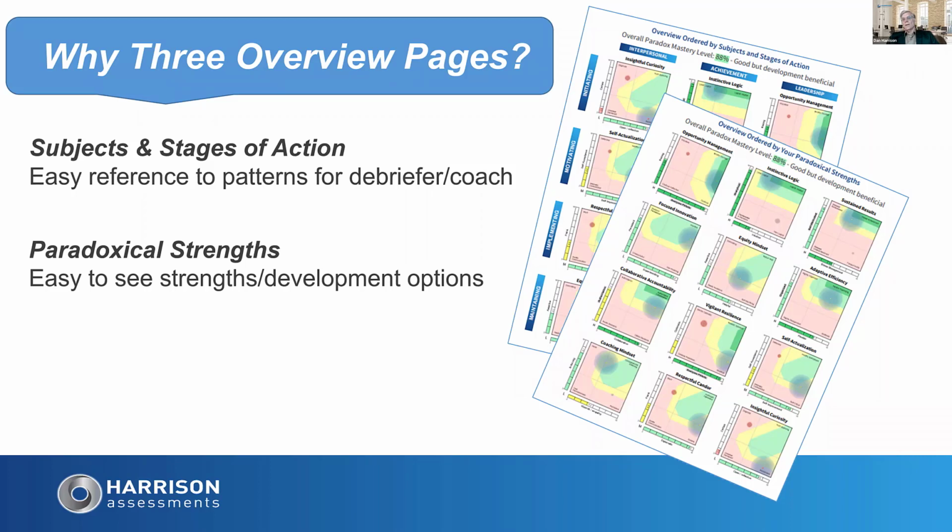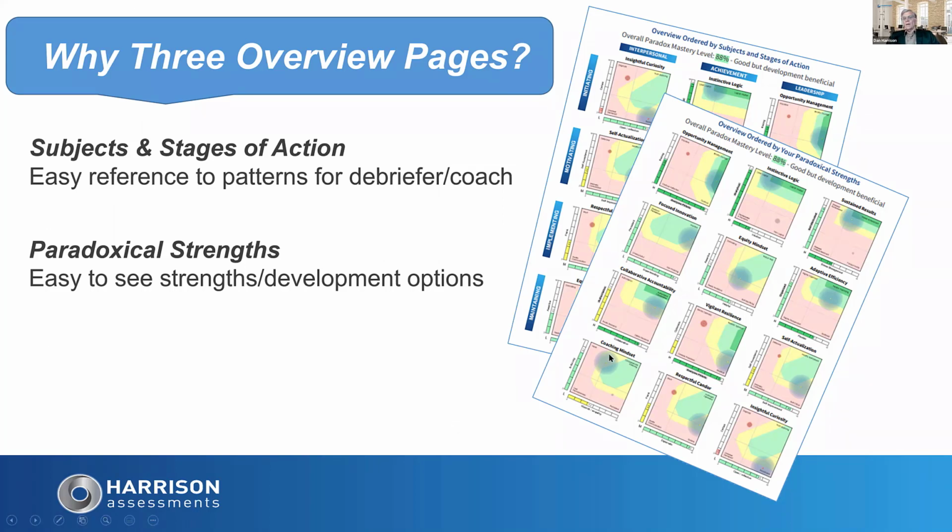So their strong paradoxes are at the top. And you're going to emphasize the ones that have an H, which is high importance, and give more credence to those. So the ones in the green area are going to be their strengths, and they'll be bunched together, and you'll see how the strengths can combine with each other even.